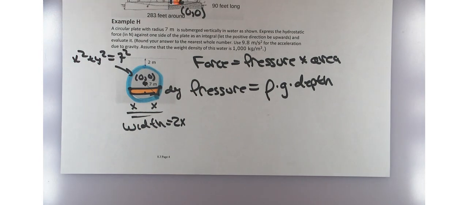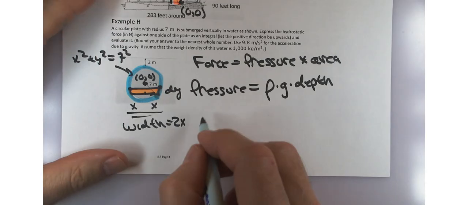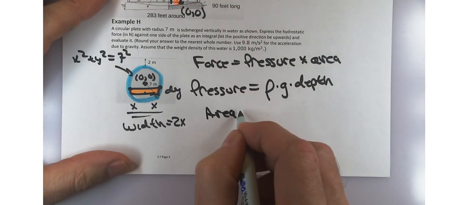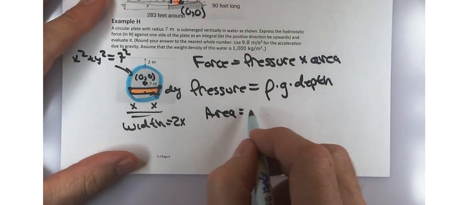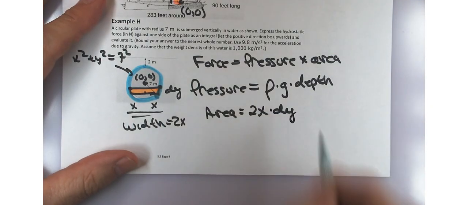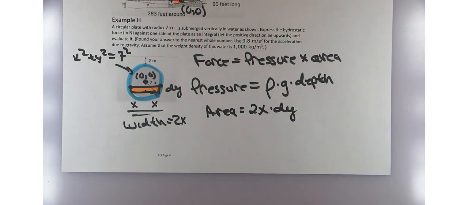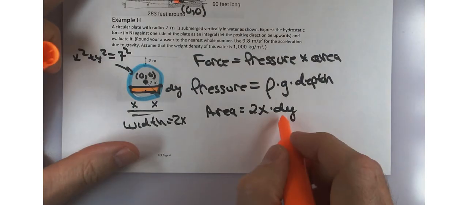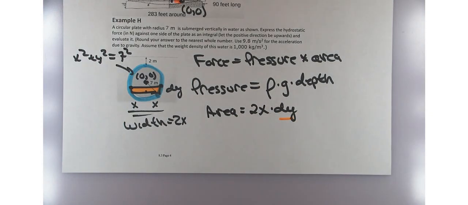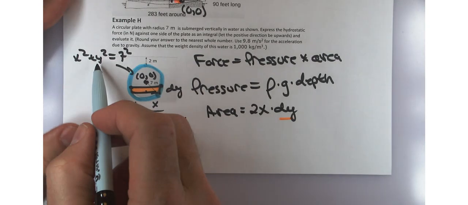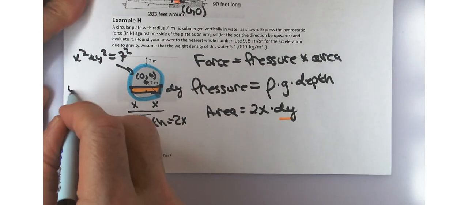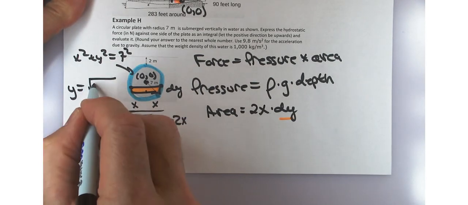So if I want to find the area, that's going to be 2x times dy. But that dy is telling us something important. It is telling us that you better put this in terms of the variable y. We're going to need all this in terms of y. So you're going to have to solve here for y. And when you solve here for y, you get y equals the square root of 49 minus x squared.